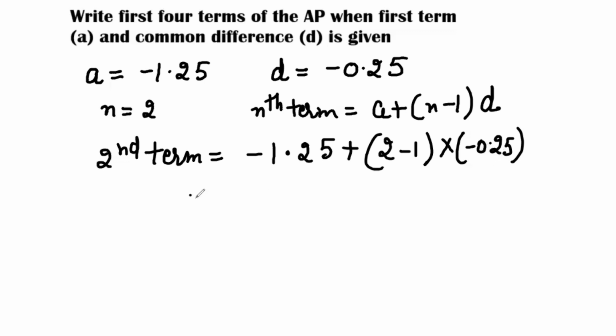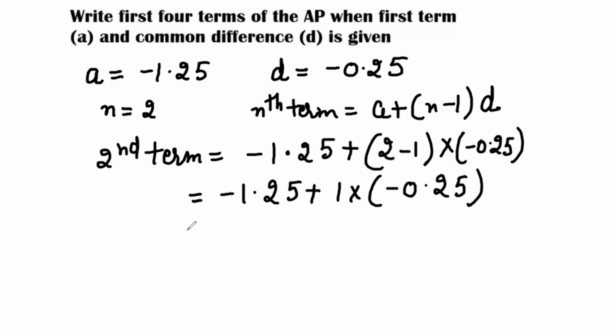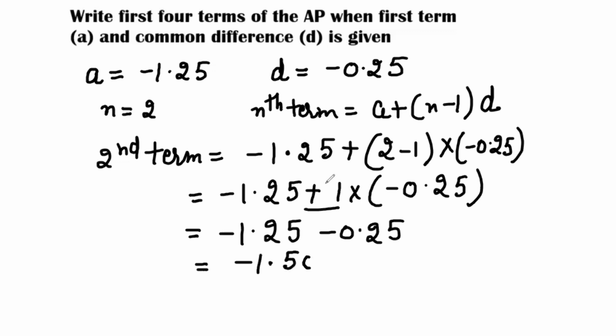Then it will be minus 1.25 plus 2 minus 1, which is 1, into minus 0.25 in brackets. That is minus 1.25 plus 1 into minus 0.25, which is minus 0.25. When I solve this, I get minus 1.50. So the second term is minus 1.50.